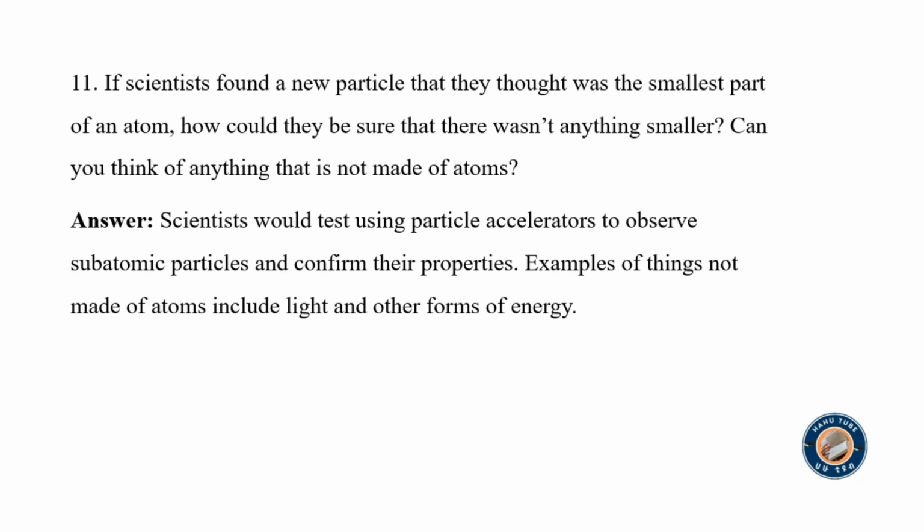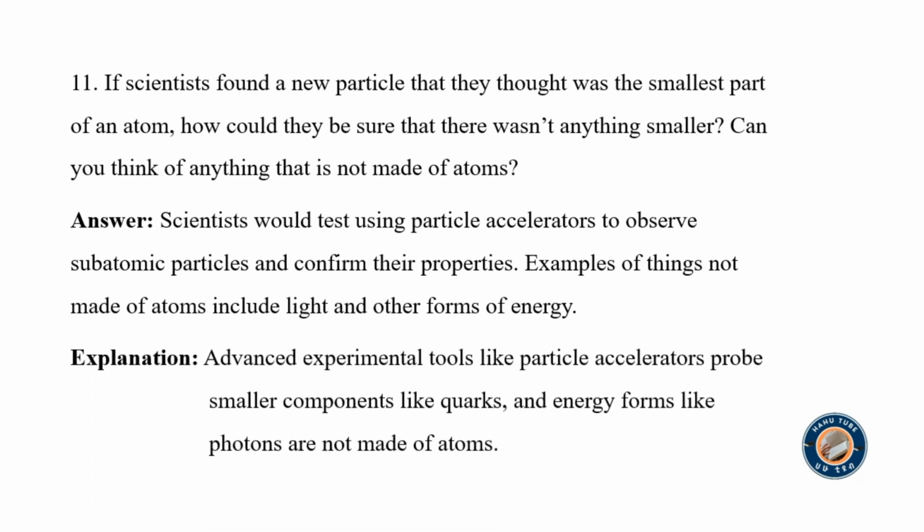The answer is scientists would test using particle accelerators to observe subatomic particles and confirm their properties. Examples of things not made of atoms include light or other forms of energy. Advanced experimental tools like particle accelerators probe smaller components like quarks, and energy forms like photons are not made of atoms.